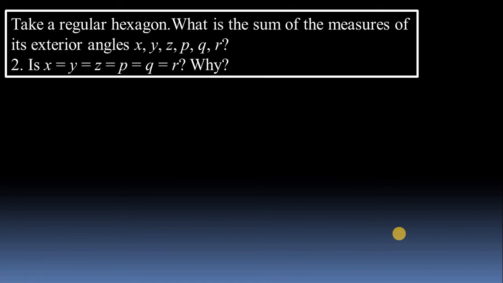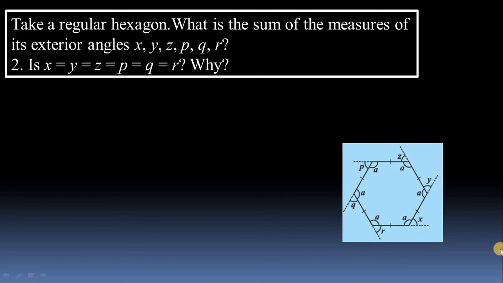Now here we take a regular hexagon. The regular hexagon shape is like that. Regular hexagon means all sides and all angles of that polygon are the same. So what is the sum of the measurement of the exterior angles? As you know their internal angles are the same, okay. Suppose it is A, so 180 minus A, that is what?